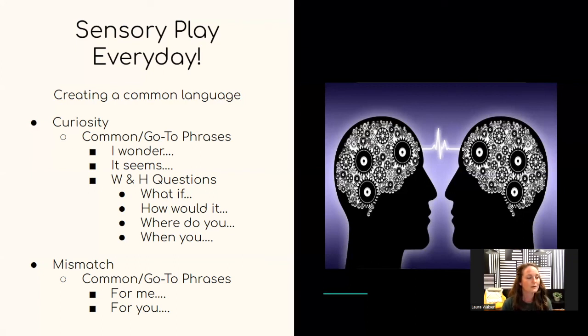And then also we might create mismatches if we're putting our own sensory preferences onto a child. A lot of times it doesn't seem like those sensory situations fit, right? So I want to give the example of noise. If a child is making a ton of noise, we might think that they like noise. But in fact, a lot of times it's the opposite.